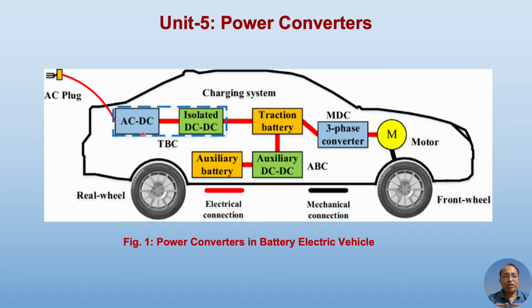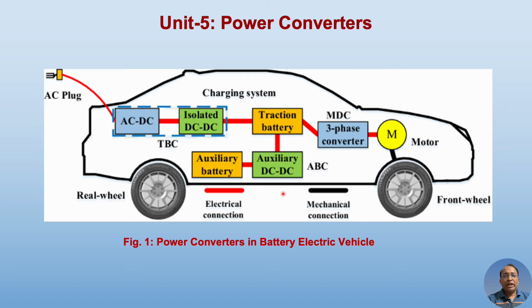So three types of converter we are already seeing: AC to DC, DC to DC, and then DC to AC, which is also known as an inverter. Apart from this, the electric vehicle also has an auxiliary battery. The function of the auxiliary battery is to provide the supply for the operation of some essential elements of the electric vehicle, like the lights or indicators, or auxiliary power supply required for the controllers.